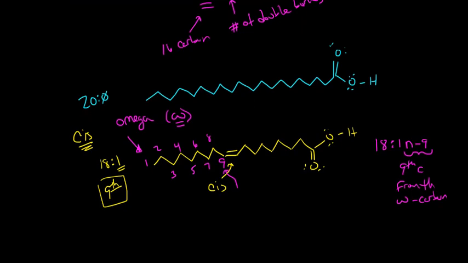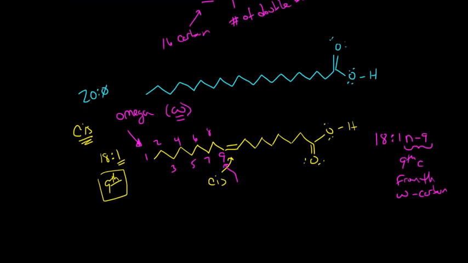However, there's also another way to name this, and this is going to be the more chemical way of naming this. If we start numbering the carbons from the carboxylic acid, we have 1, 2, 3, 4, 5, 6, 7, 8. So in this case, we still start on the 9th carbon. This is only going to be true when we're dealing with 18 carbon fatty acids.